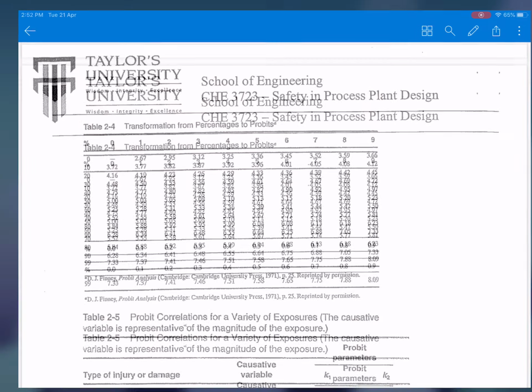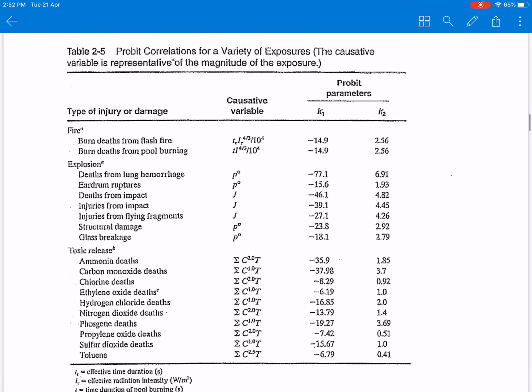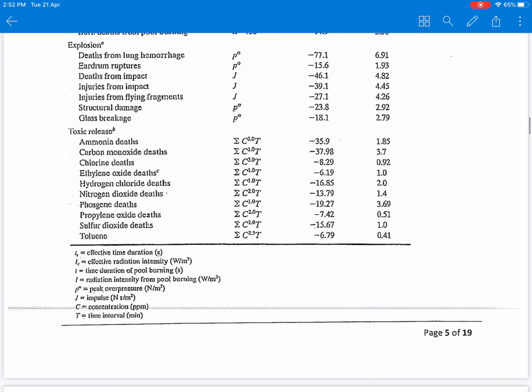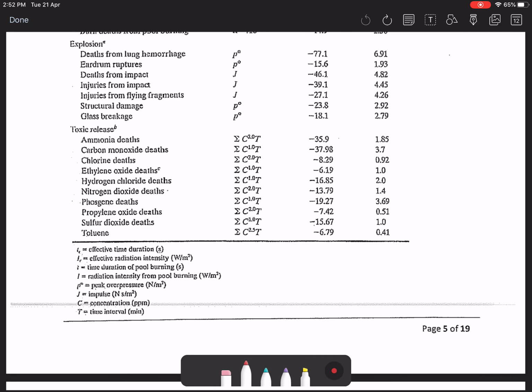So go to this table, look for carbon monoxide. And there you go, it's here. Okay, so V value, summations of C to the power of 1 T, K1 value negative 37.98, K2 value 3.7.